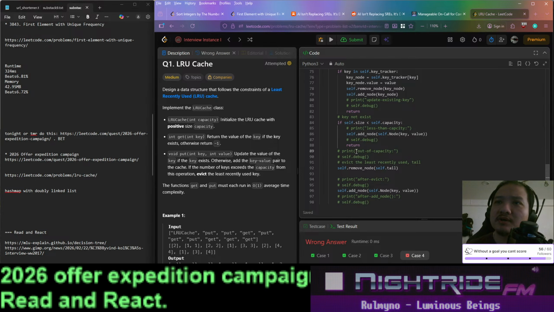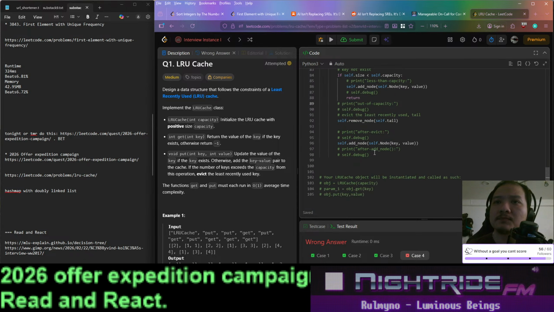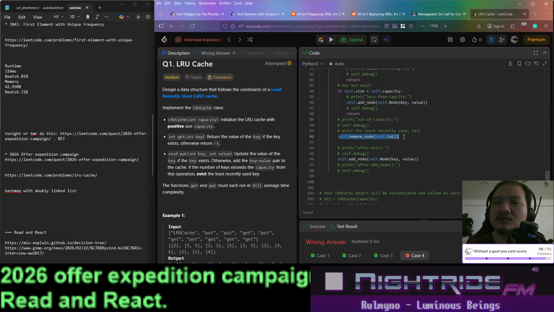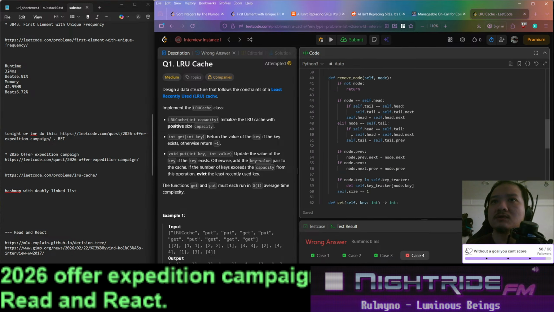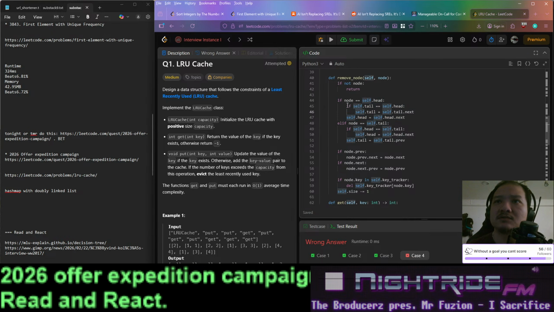Out here means we're out of capacity. That means we remove the node. The node we're removing, if it is head, then we gotta fix the head to the next one. Right? If head equals tail, then the tail has to point to the next one.